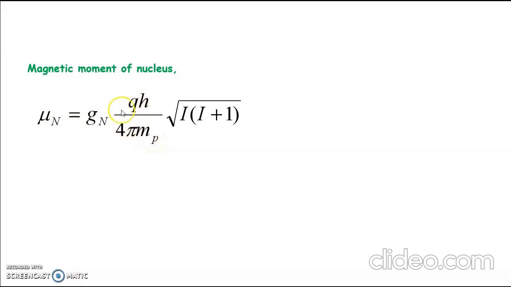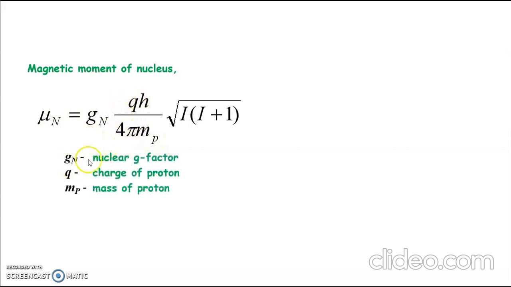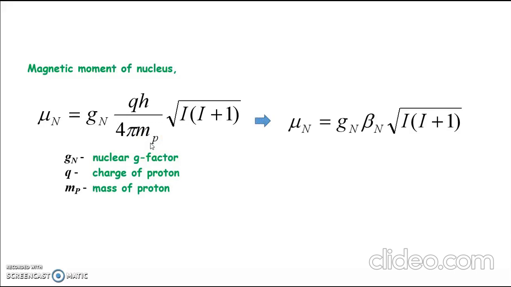You can see the difference: Gn is the nuclear g factor, Q is the charge of the proton, and mp is the mass of the proton. This is the only difference. You can write this constant as beta n, and it is known as the nuclear magneton.